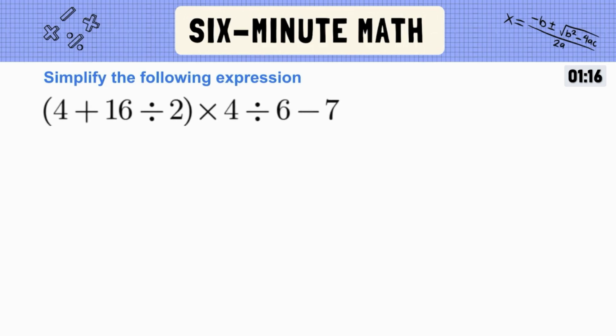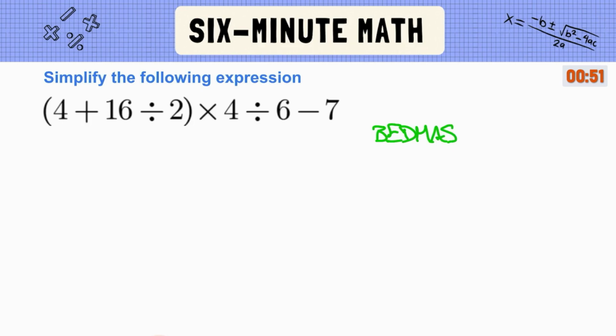Let's simplify the following. So I do have a little bit more steps here. So we have our acronym. I do have brackets. So I'm going to do the order of operations in those brackets first. And I'm going to follow my same order of operations, my BEDMAS within the brackets.